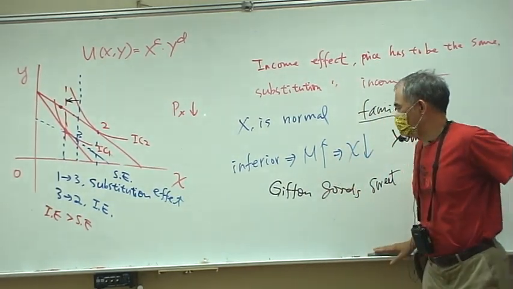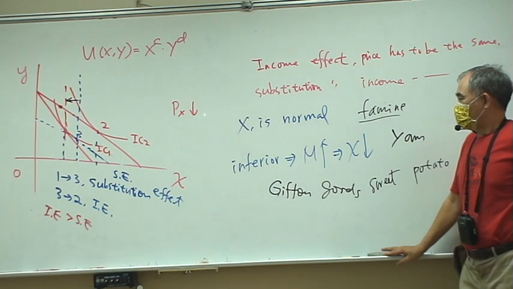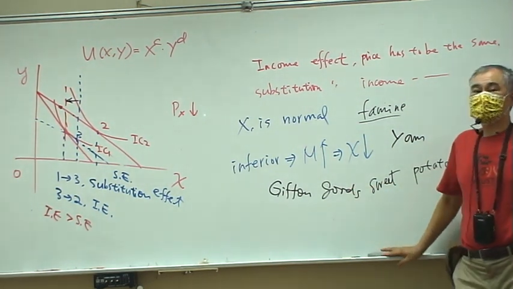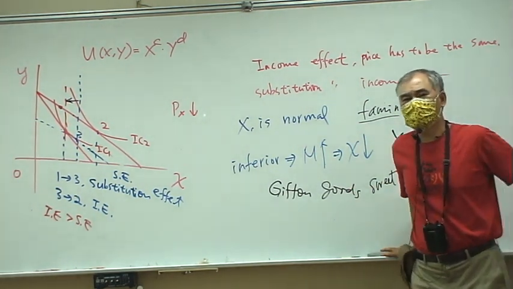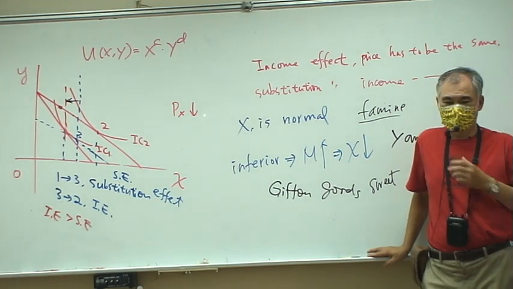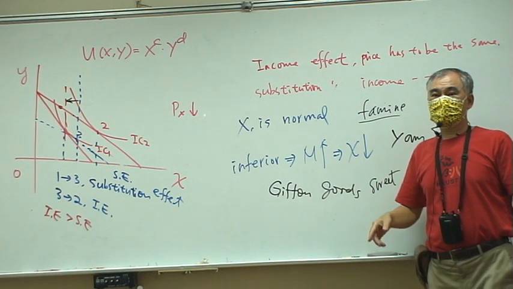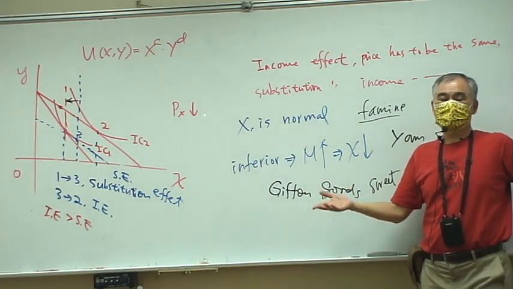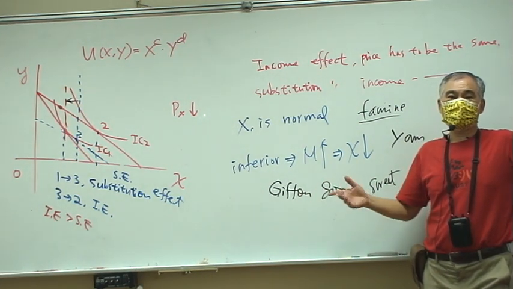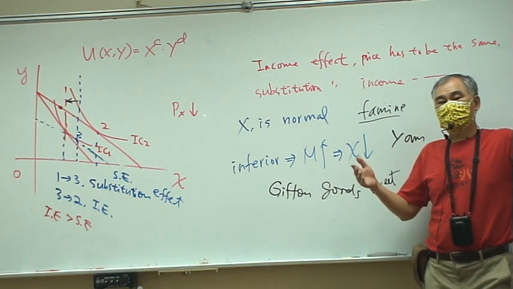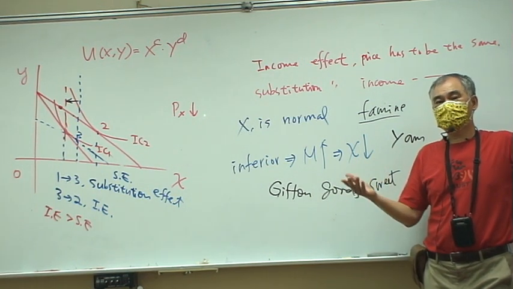So this hour we start with Giffen goods. This is a very special kind of situation. When famine occurs, when the whole country is running out of food, you don't have anything else to eat.